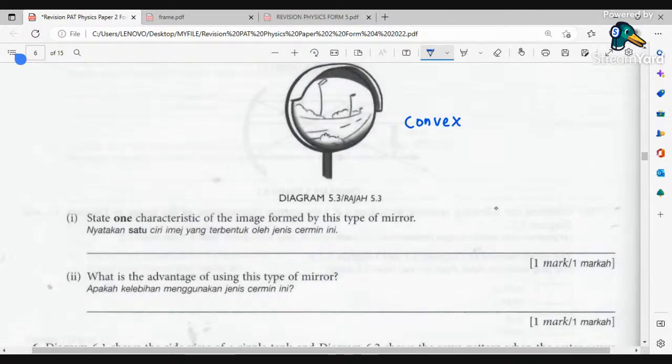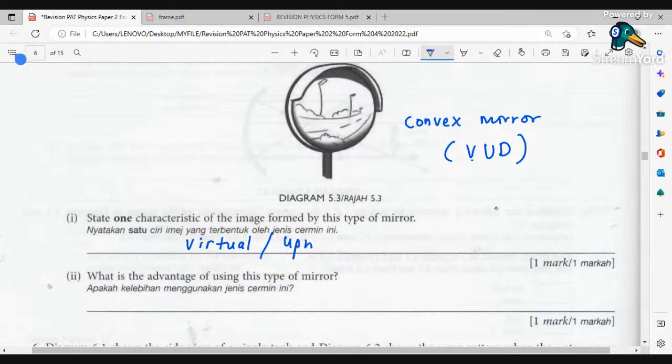So state one characteristic of image formed by type of mirror. Kalau convex mirror, dia ada satu jenis je karakteristik dia ialah virtual, upright, diminish. So just write one. Virtual or upright or diminish. Smaller, image dia smaller. That's why can cover larger area.